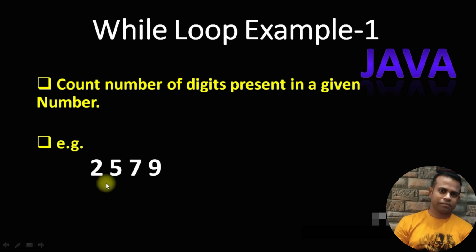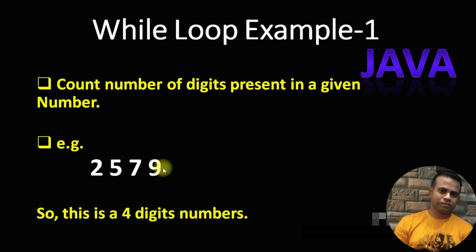Here you can see our number is 2579, and using a program you have to find out how many digits are available. In a similar way, a user can enter any number and you have to find through your programming how many digits are available in that number. Here our number of digits is 4, right? So how can we create this program?